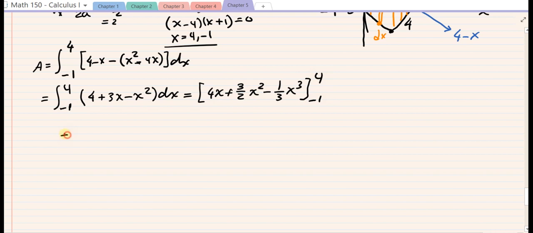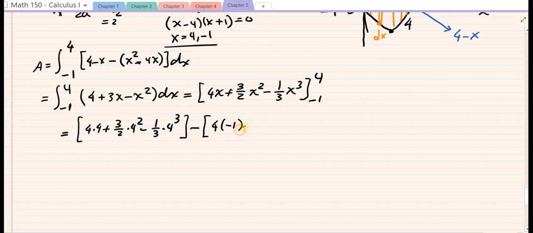Okay, and now I can do my fundamental theorem, upper minus lower limit. So the upper limit, 4 times 4 plus 3/2 times 4 squared, negative 1/3 times 4 cubed, minus the lower limit, 4 times negative 1 plus 3/2 times negative 1 squared, negative 1/3 times negative 1 cubed.